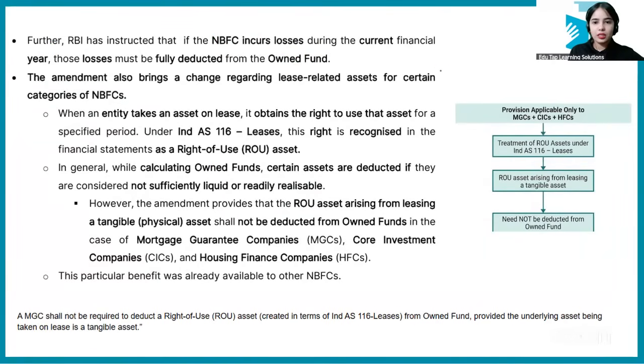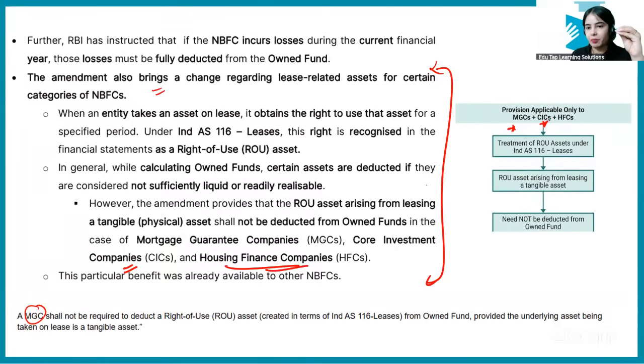Coming to the last part that we have to discussed, and 1-2 more points that we will be discussing. So the amendment also brings a change. See what happens basically for the mortgage guarantee company, the core investment company and housing finance companies. For these companies, if they are taking any tangible asset, physical asset on lease, they have the right of use.